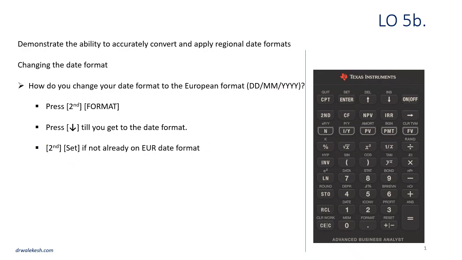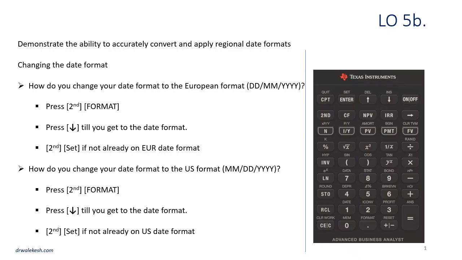So this is second function, then set. To change from European date format to US date format, it is pretty much the same step. Second function, format, the arrow pointing down, second function, then set.